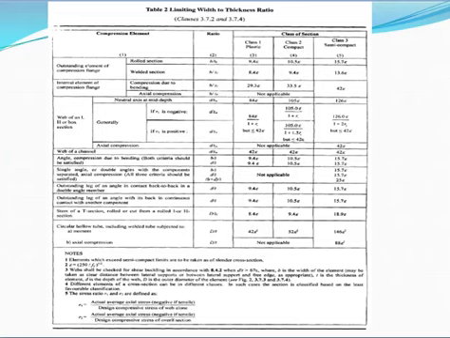Now, the width to thickness ratio of the plate element shall be less than that specified under class 2. You have to see the class 2 compact, column number 4 of table number 2.